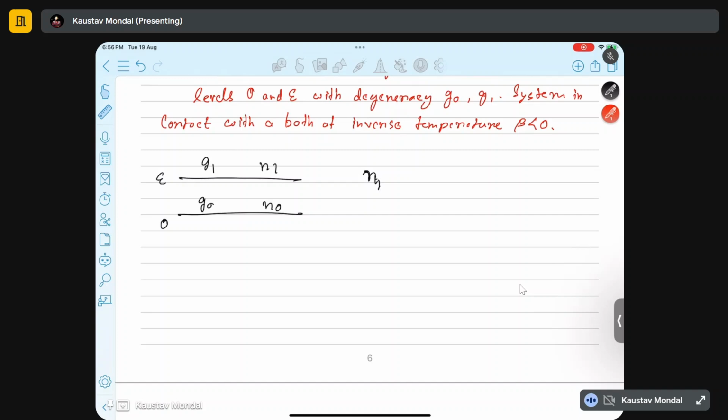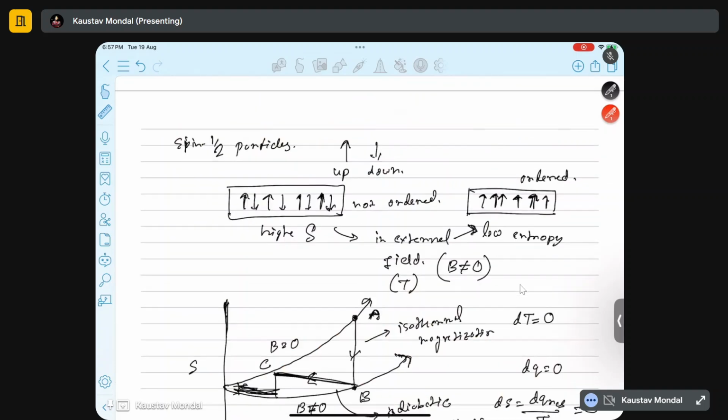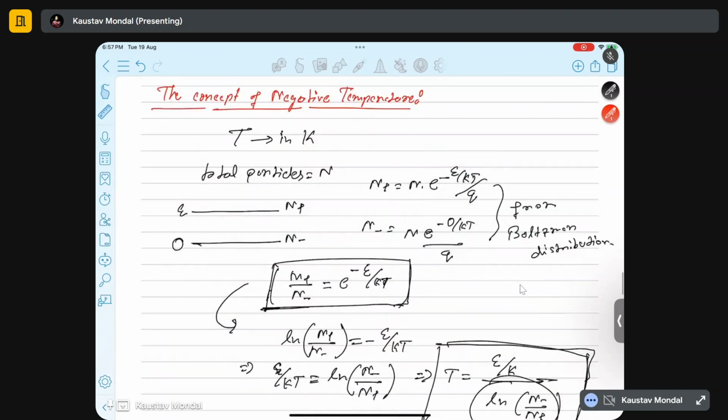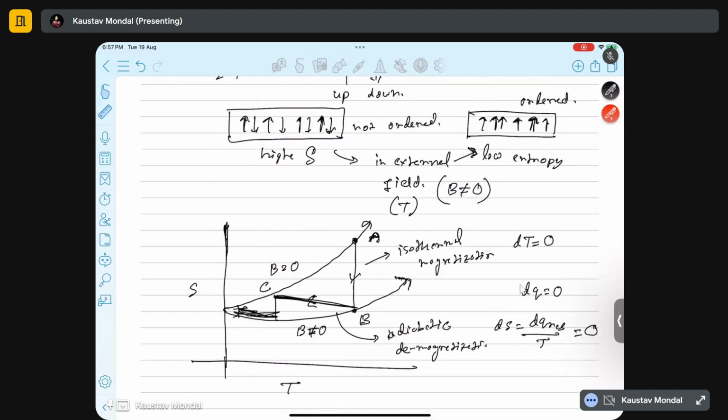So N1 has basically G1 into e to the power minus beta E divided by Q, so it would be like this. Yeah, it would be Q here.